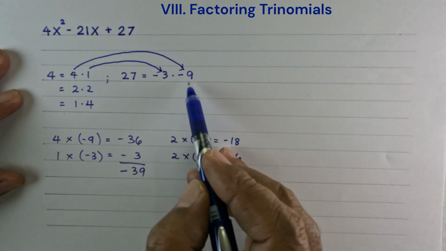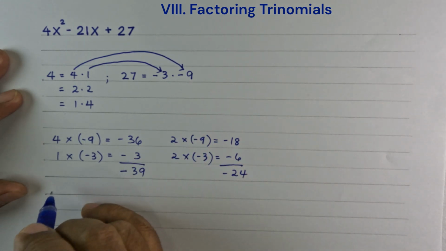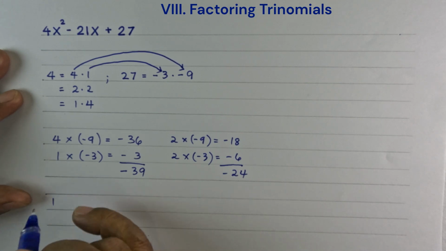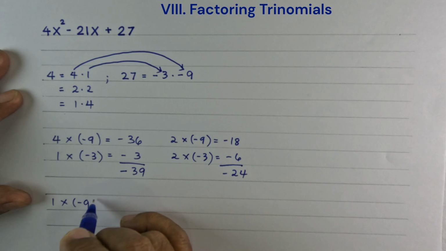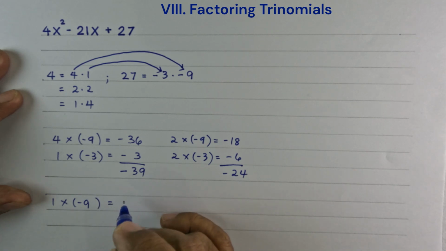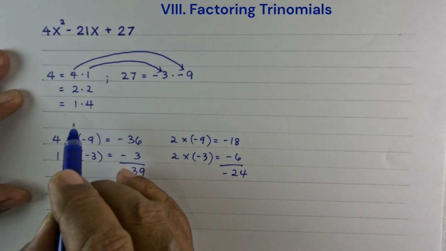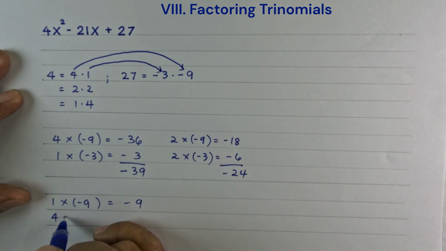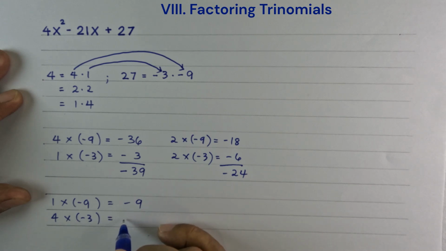So we'll get the product of the outer factors, that's 1 times negative 9, that's equal to negative 9, then the inner factors, 4 times negative 3, that's equal to negative 12.